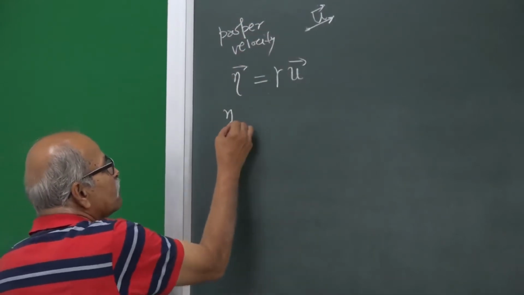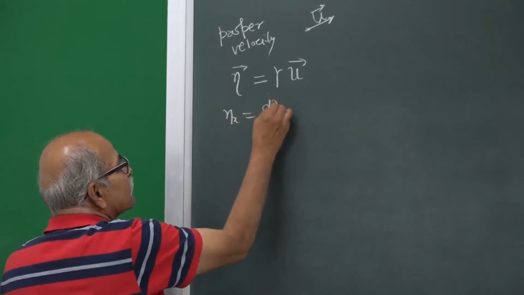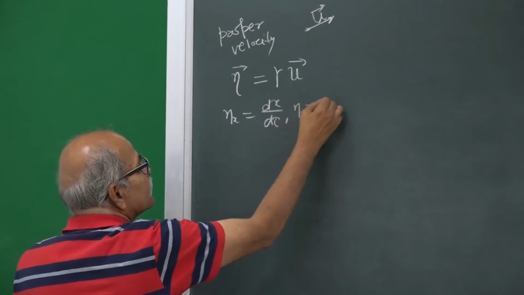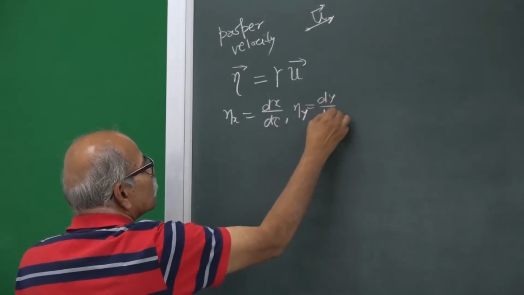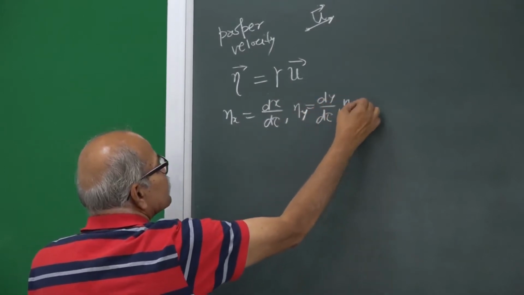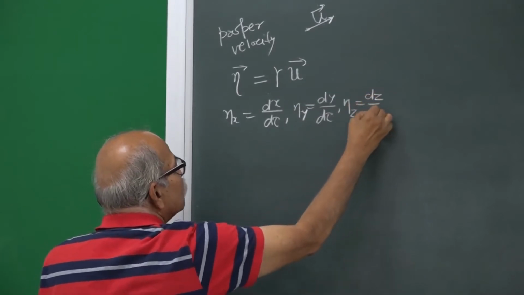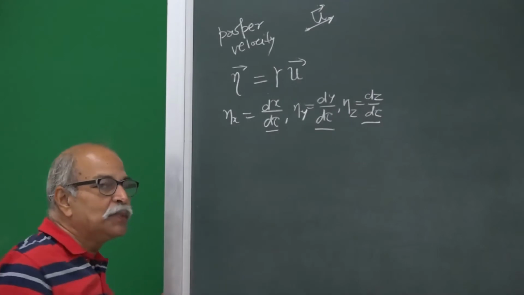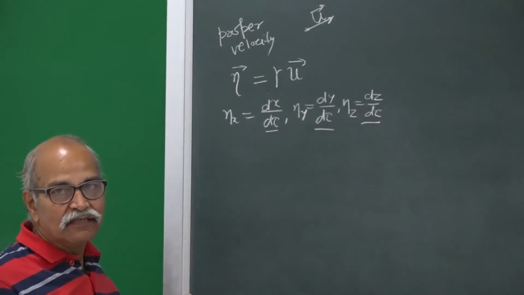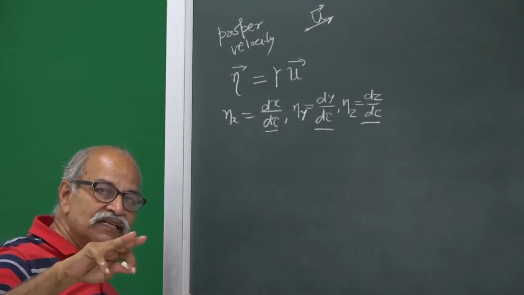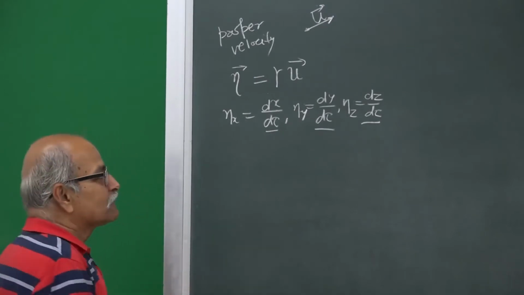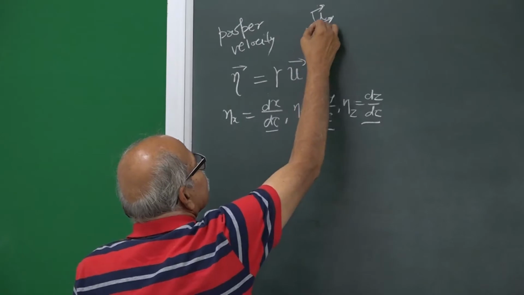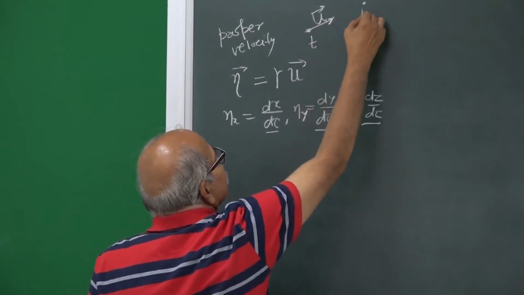And you remember we defined eta x as dx d tau, then eta y as dy d tau, and eta z as dz d tau. And what was this d tau? This d tau was proper time interval between 2 events, and the events were the particle is here at time t and then the particle goes somewhere else at time t plus dt.